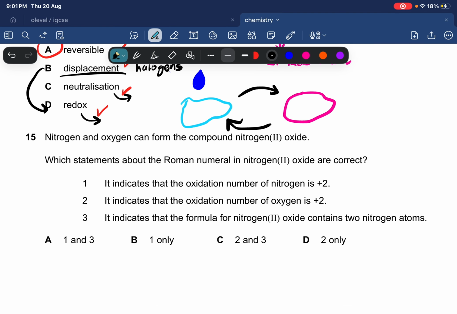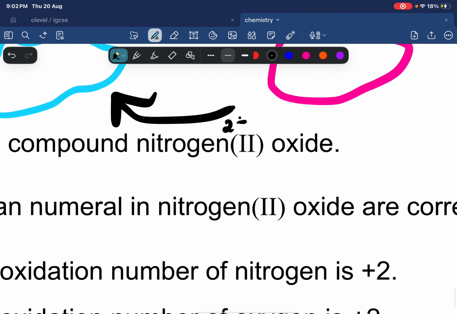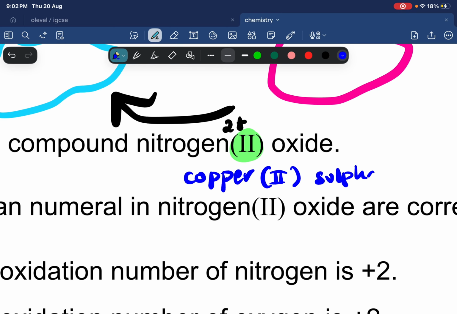Nitrogen and oxygen can form the compound nitrogen(II) oxide. Which statement about the Roman numeral in nitrogen(II) oxide is correct? That means that nitrogen has a charge of 2 positive here. The Roman numerals always tell the oxidation numbers. If you're dealing with a copper something and the name is copper(II) sulfate, the Roman numeral always tells you the oxidation of copper.